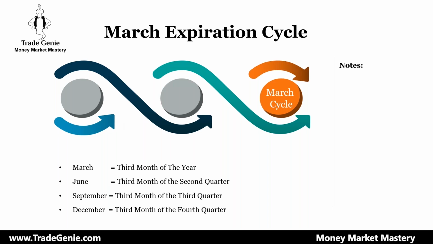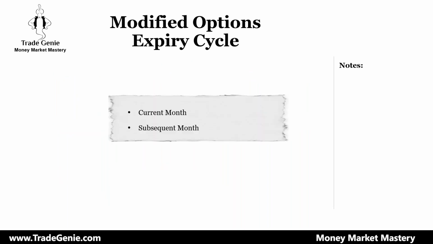Now there is what they call a modified options expiry cycle. Previously, when options started trading, they only had the current month, and then they had these extra months, 2 extra months.